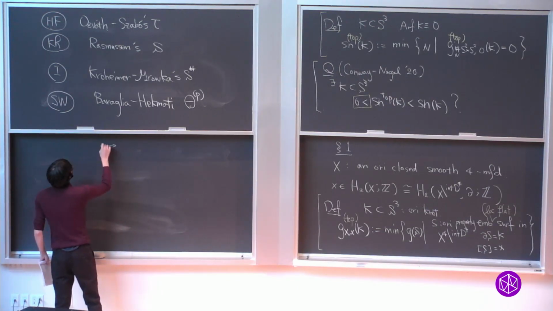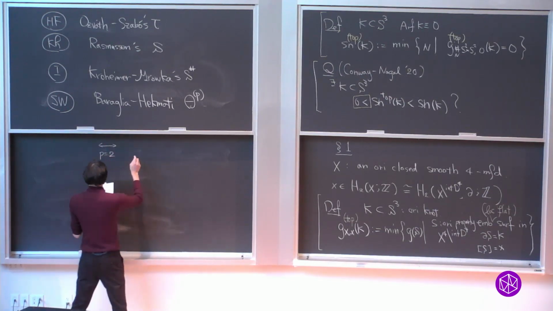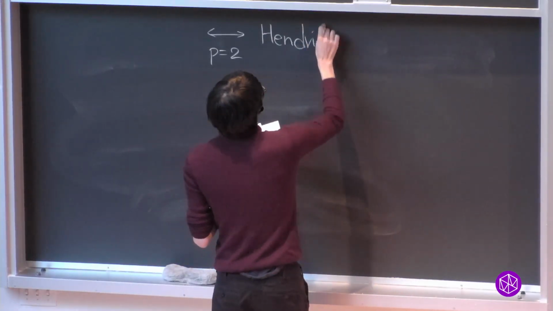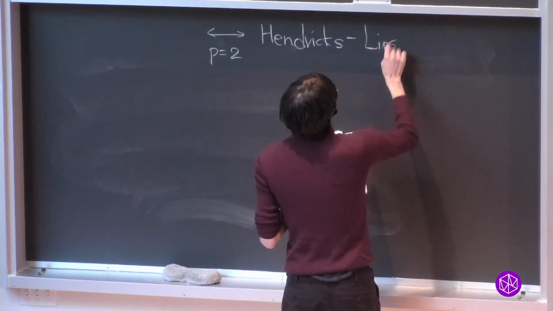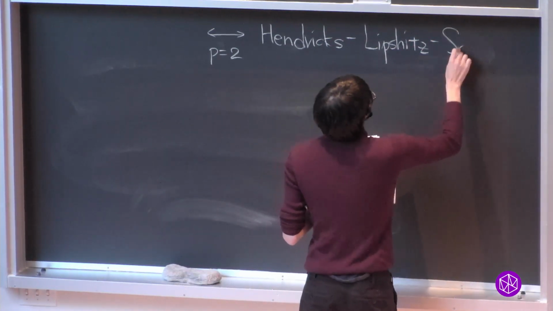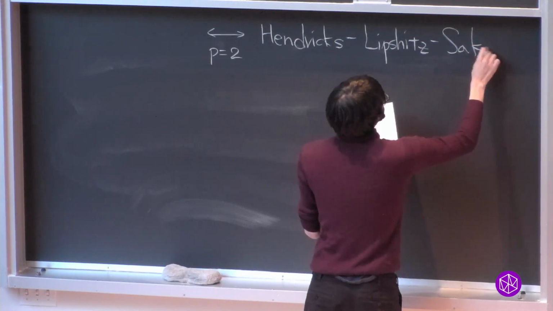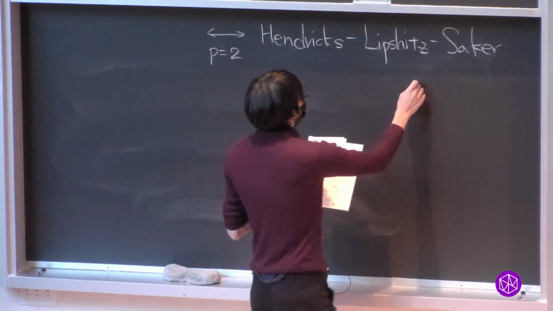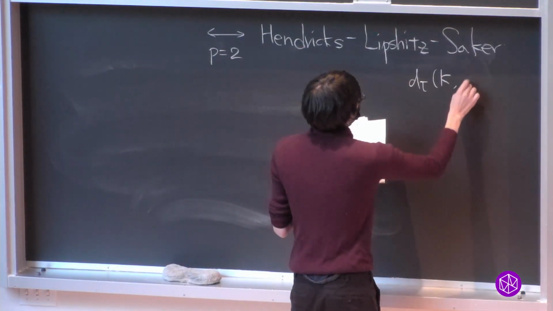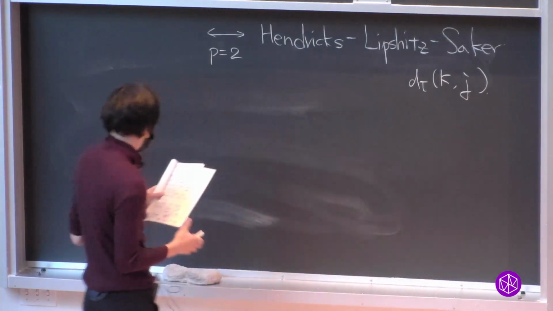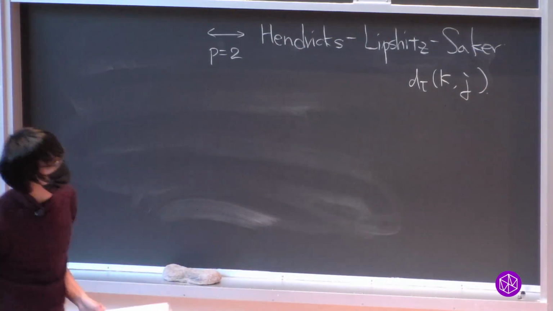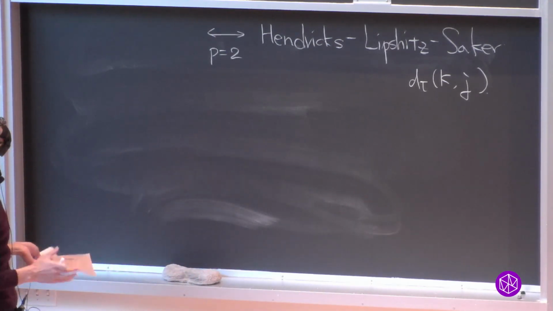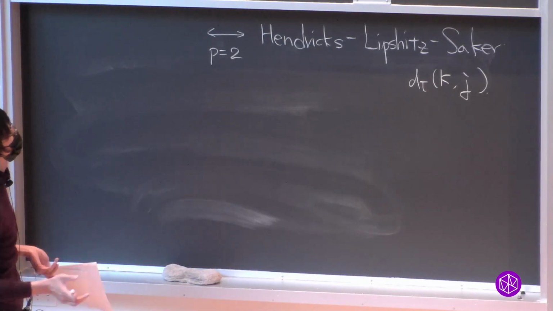And actually, conjecturally, it corresponds to Hendricks–Lipshitz–Sarkar's equivariant Heegaard Floer invariant as a family. And these invariants are strong enough to show the Milnor conjecture.